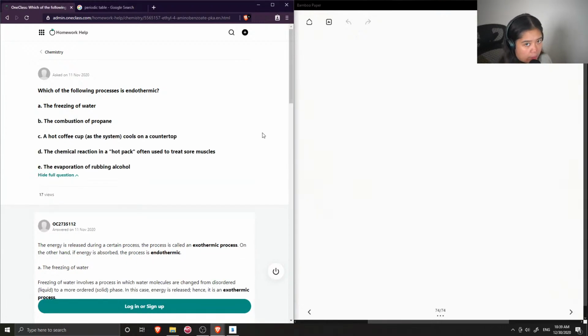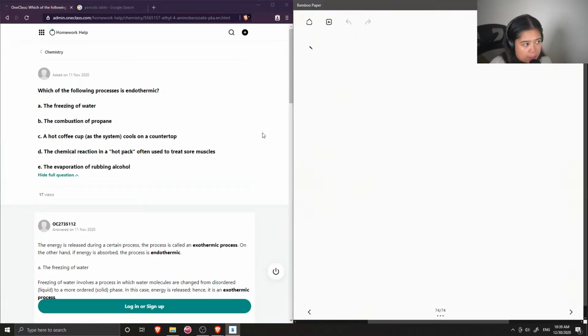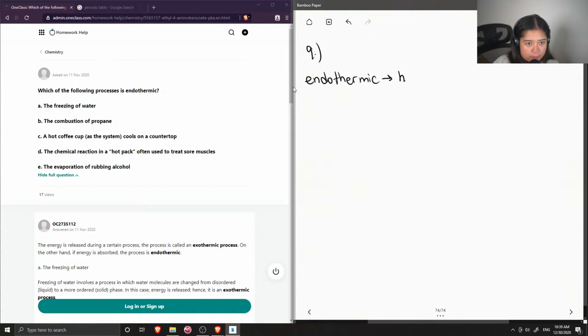Okay, so question number 9. Which of the following processes is endothermic? Okay, so let me describe endothermic and exothermic reactions. When we have an endothermic reaction, this is when heat is absorbed from the surroundings to the system.